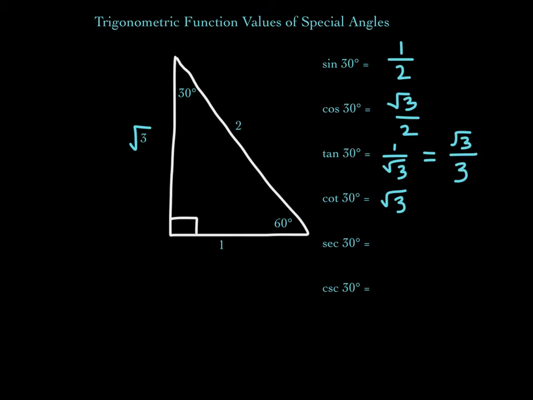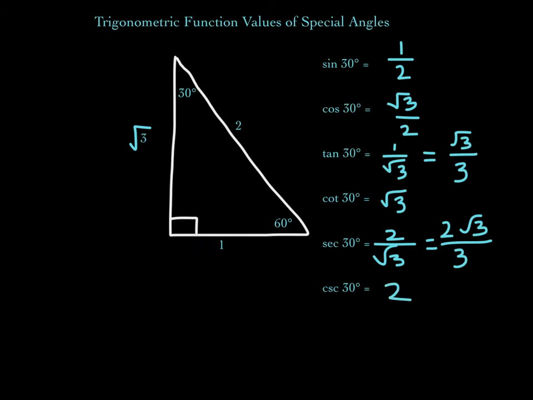Secant of 30 degrees will be hypotenuse over adjacent, 2 over root 3. But we should rationalize by multiplying the numerator and denominator by root 3. Finally, cosecant of 30 degrees will be hypotenuse over opposite, 2 over 1, which is just 2.